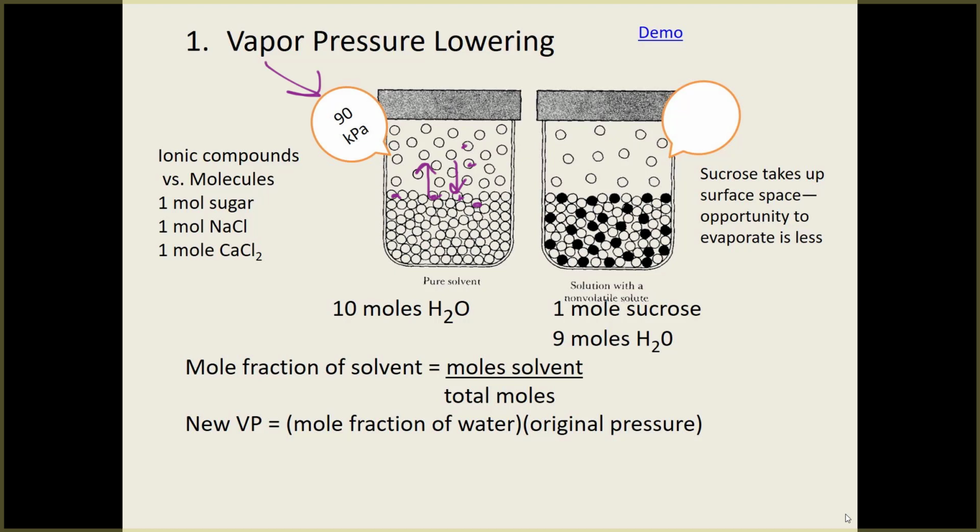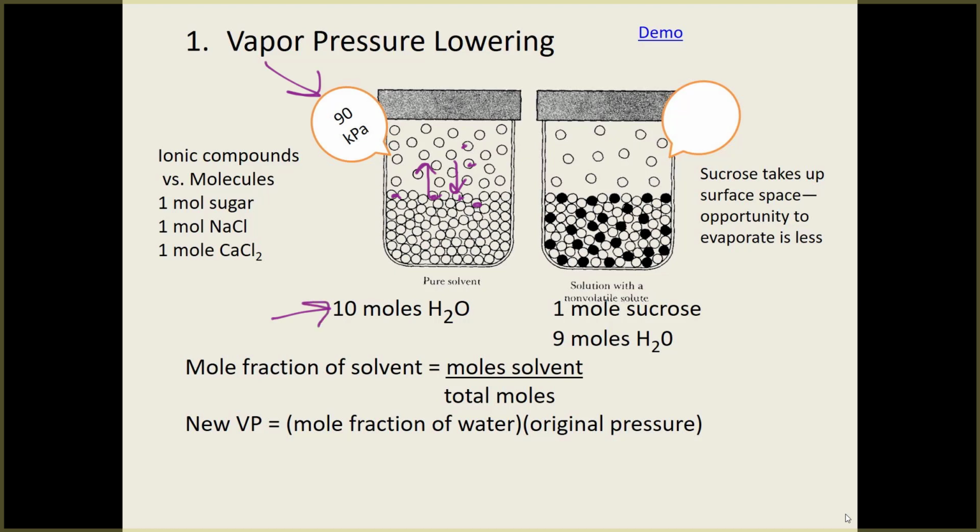You won't have the same amount in the liquid versus the gas state, but the same rate leaving as coming back. And when it's in the gaseous or vapor form, it will exert a pressure on that container. In this case, our pressure is 90 kilopascals, and that is for 10 moles of water.